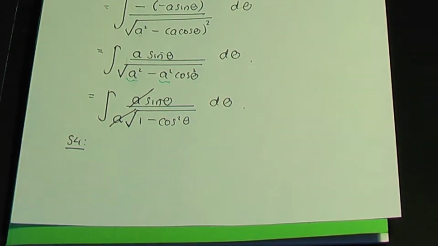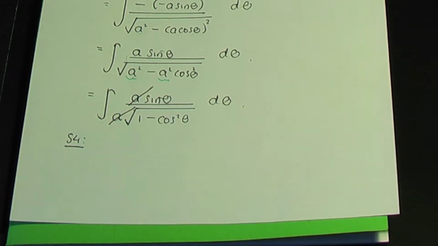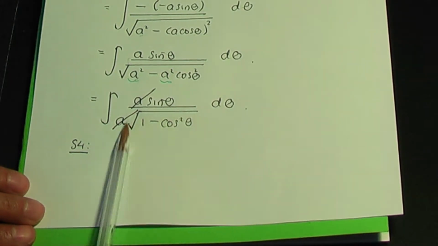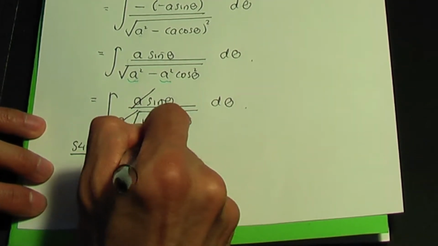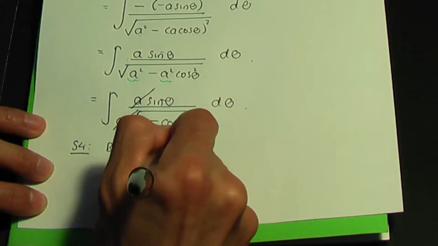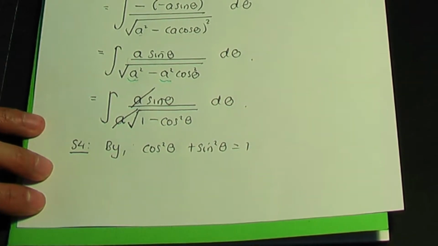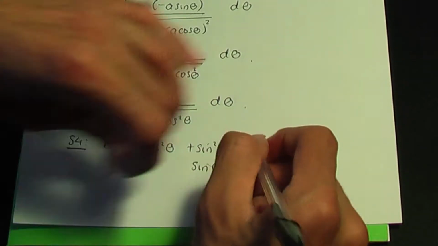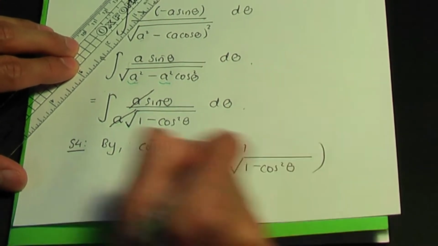So step 4, remember what I said earlier, we need to use a trigonometric identity at some stage in order to help us with our substitution. So we need to think about a trigonometric identity specifically to help us with this square root term. That identity is the same one as we used before. Cos squared theta plus sine squared theta is equal to 1. So if we rearrange this, sine theta will be the root of 1 minus cos squared theta.